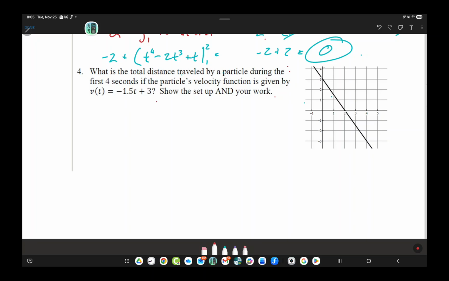Now, again, like I said, if we want total distance traveled, there's kind of two ways we could do this. One, we could just do the integral from 0 to 4 of the absolute value of v of t dt.